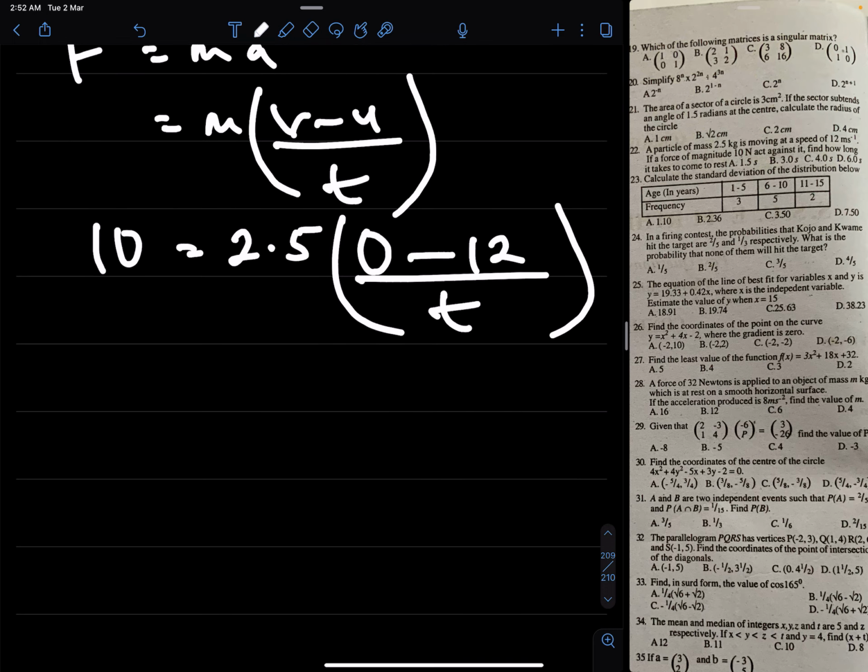And that simply means 10 equals 2.5 times 12, which is 30, over t. The negative sign, this is actually minus 12 over t, but I don't need the negative sign. It's just there to show that the force is acting in a negative direction.